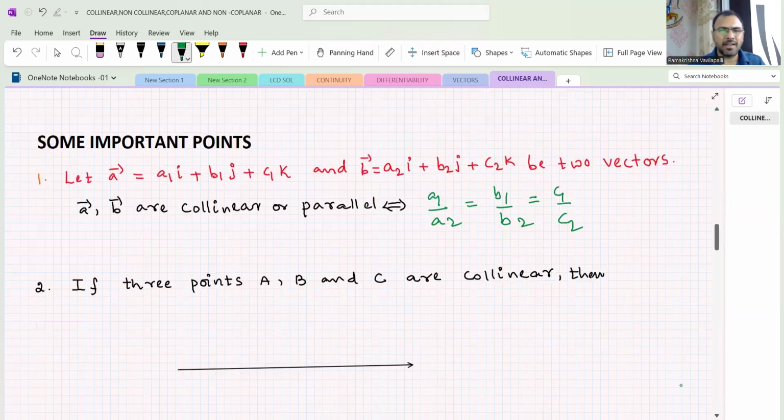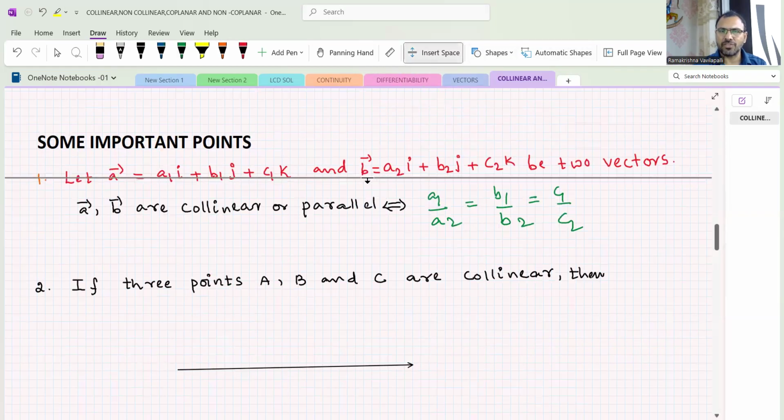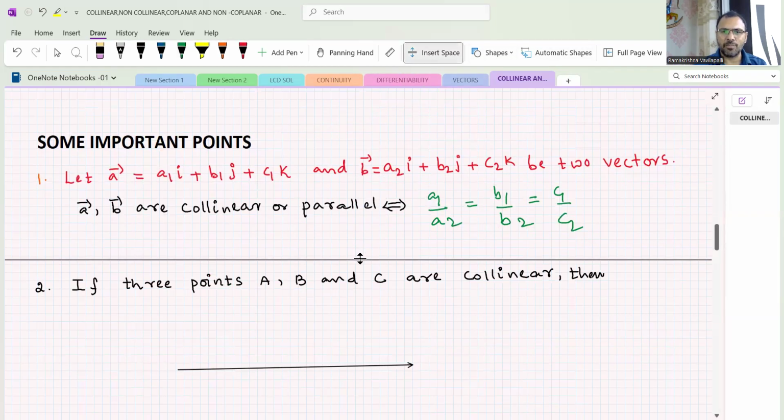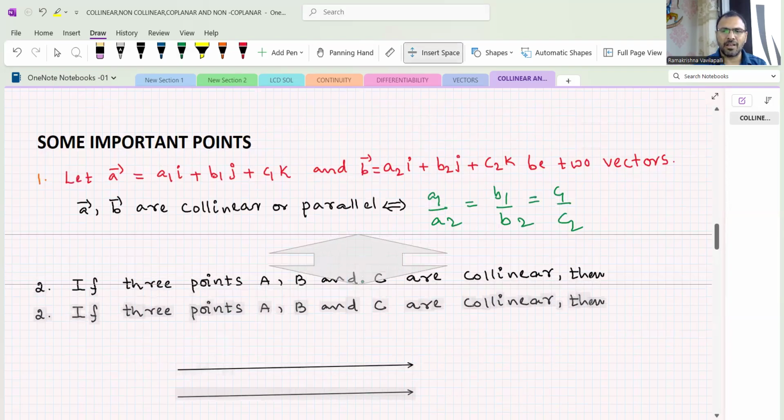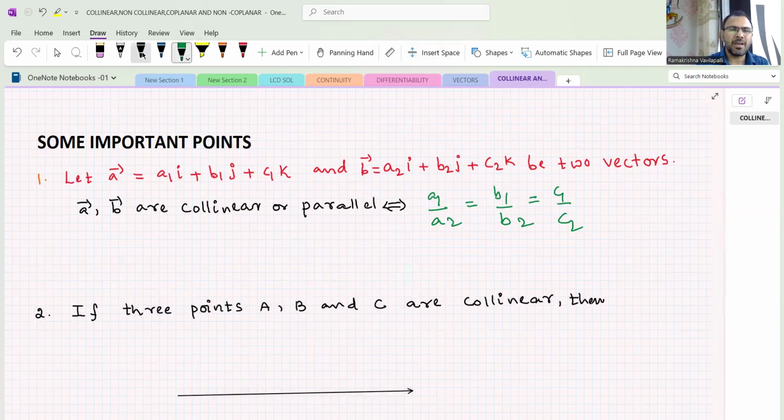So remember that two vectors A bar and B bar are collinear if the ratio of i components, j components and k components are the same. So remember, two vectors are collinear is nothing but one is the scalar multiple of the other.